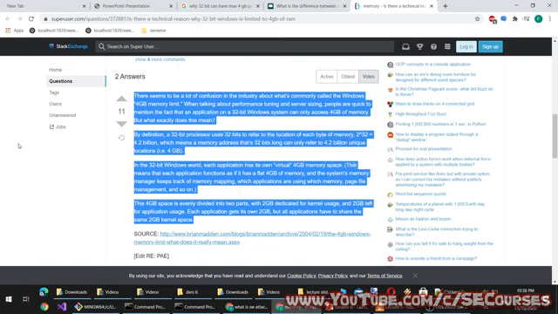There seems to be a lot of confusion in the industry about what's commonly called the Windows 4 GB memory limit. When talking about performance tuning and server sizing, people are quick to mention the fact that an application on a 32-bit Windows system can only access 4 GB of memory. But what exactly does this mean? By definition, a 32-bit processor uses 32 bits to refer to the location of each byte of memory. 2 to the power of 32 equals 4.2 billion, which means a memory address that's 32 bits long can only refer to 4.2 billion unique locations, i.e. 4 gigabytes.